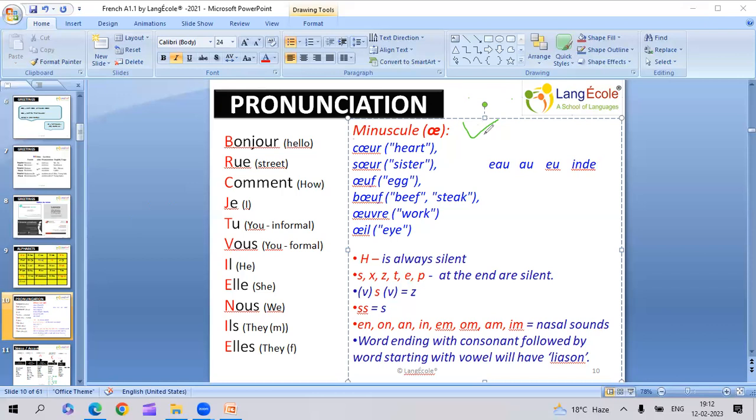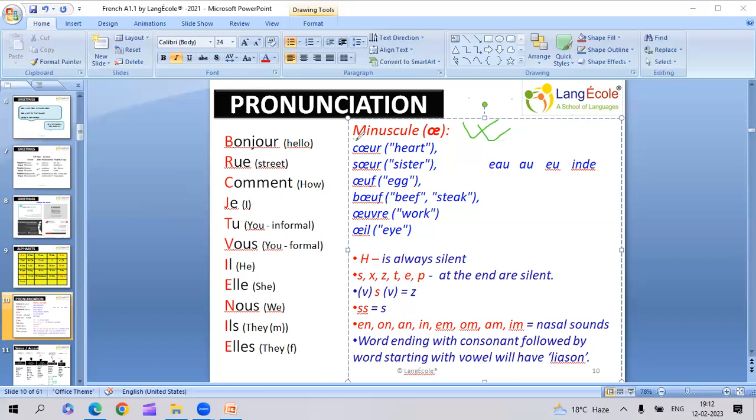So minuscule is hardly used alphabets, very less used alphabet. So this is an extra alphabet, or character, that you'll find used in French.